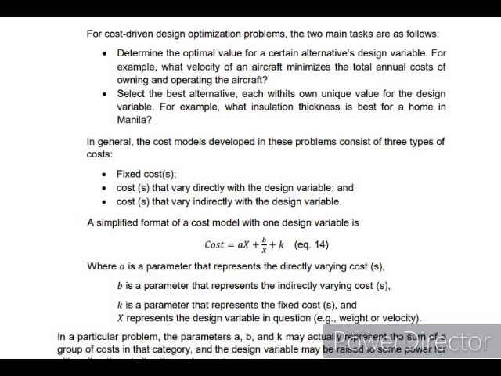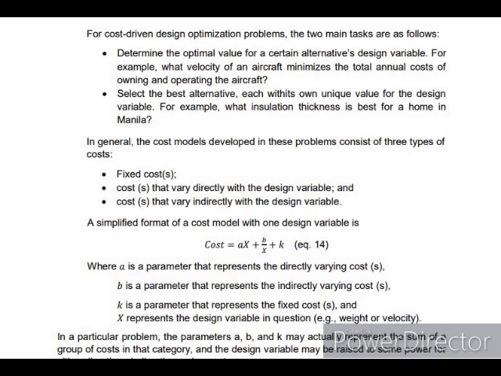Okay? So next, a simplified format of a cost model with one design variable is given by this formula. So this formula has one design variable only. So equation 14. Cost is equal to a x plus b over x plus k.